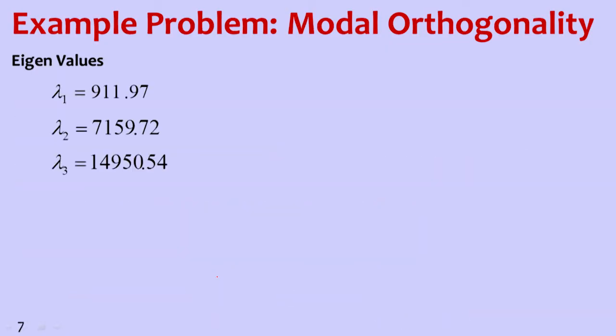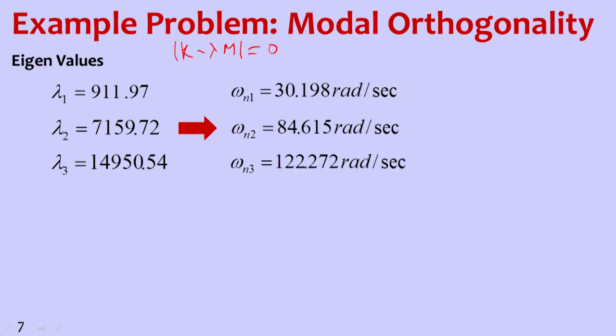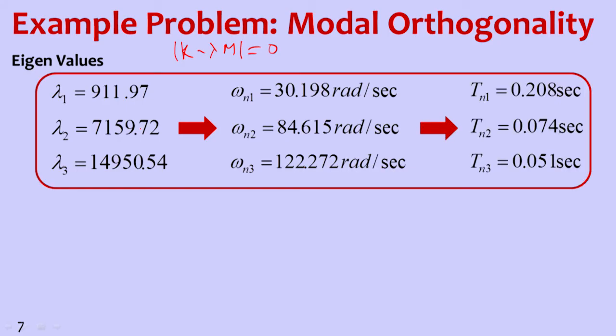So let's go further. These are eigenvalues. If we solve the determinant of k minus lambda m equal to 0, we get lambda 1, lambda 2, lambda 3. Lambda 1 means the corresponding natural frequencies, so lambda 1, lambda 2, lambda 3 and omega 1, omega 2, omega 3 values are there, and the corresponding natural periods are given.